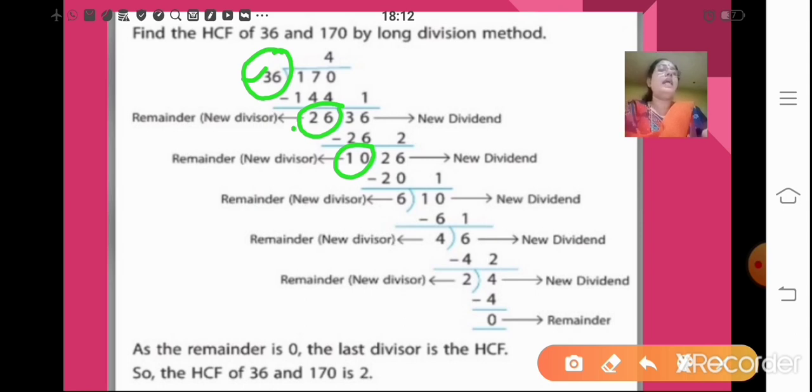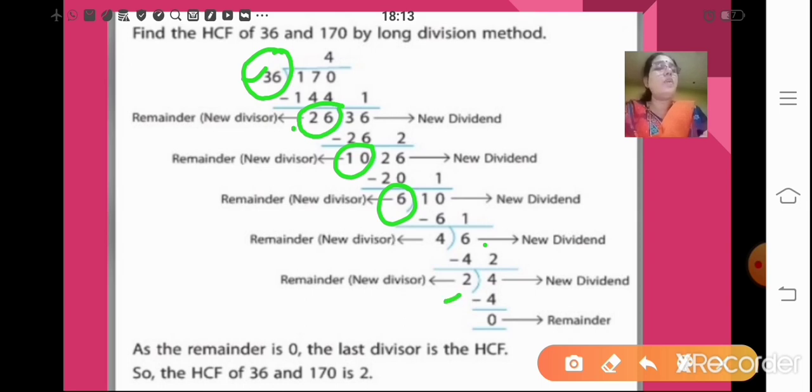Correct? Now 10 when divided by 6, 6 ones are 6. 10 minus 6 is 4. So 4 will become your new divisor and this 6 will become again your dividend here. Correct? So 6 when divided by 4, 4 ones are 4. So 6 minus 4 is 2.